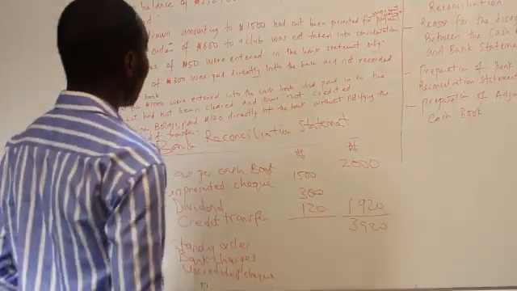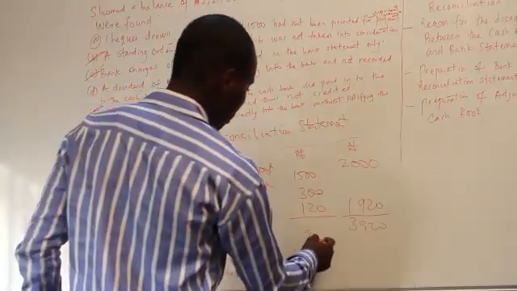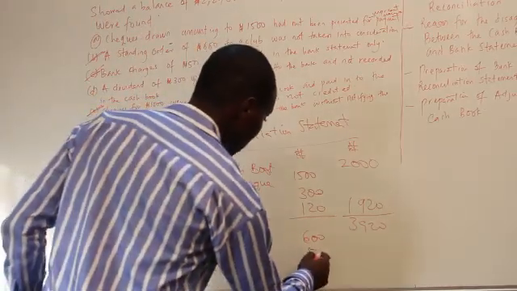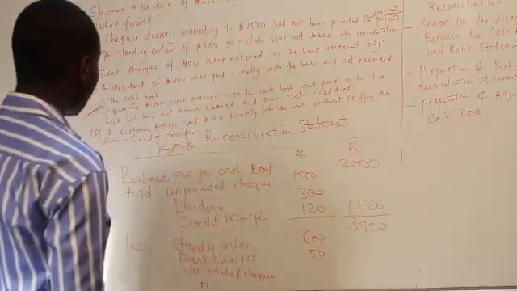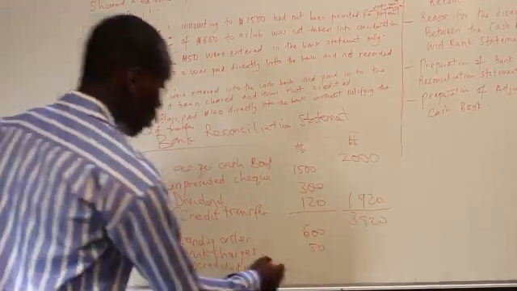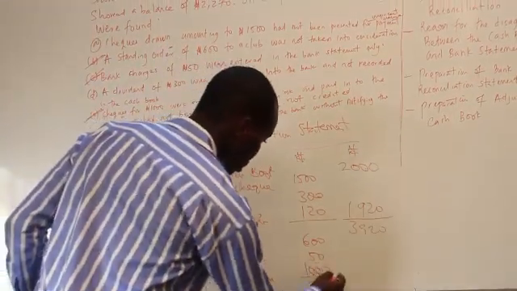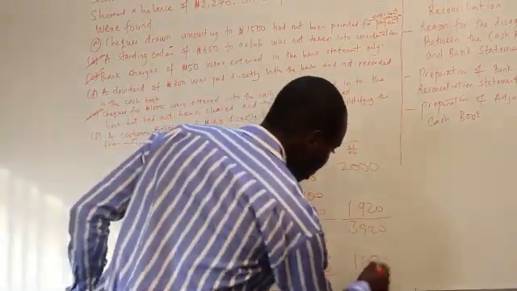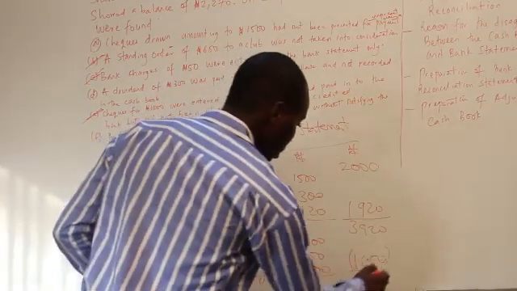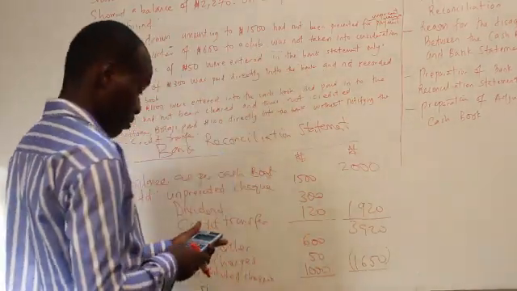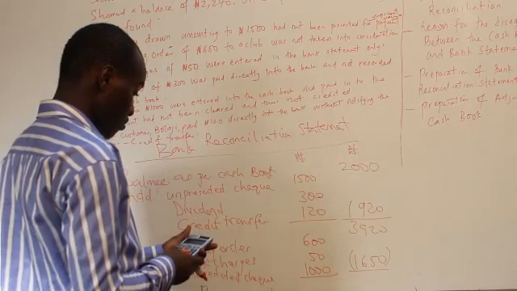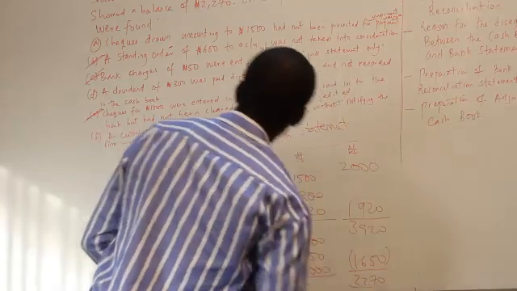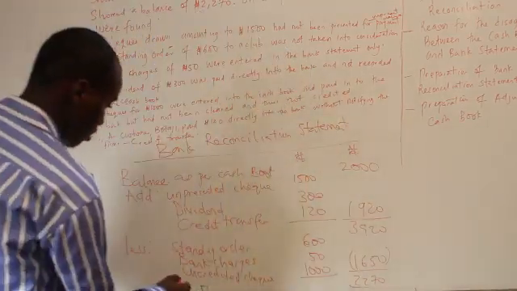So we have standing order to be 600, while we have the bank charges to be 50 naira, and again uncredited check to be 1,000 naira. So the addition of everything gives us 1,650. Then we deduct: that gives us 3,920 minus 1,650. Then we have 2,270, which is the balance of the bank statement.